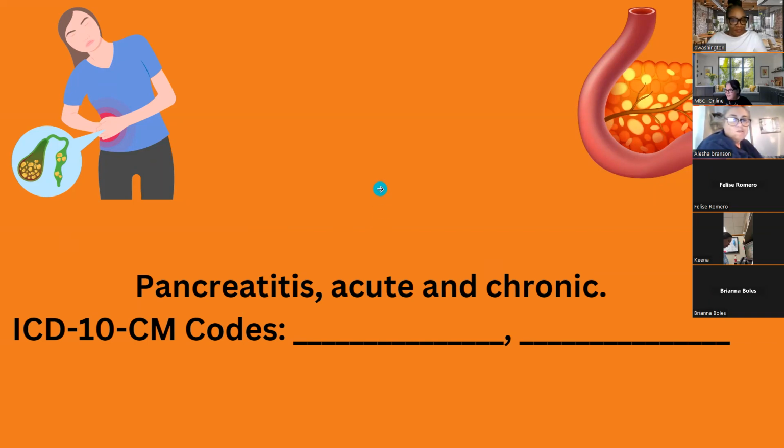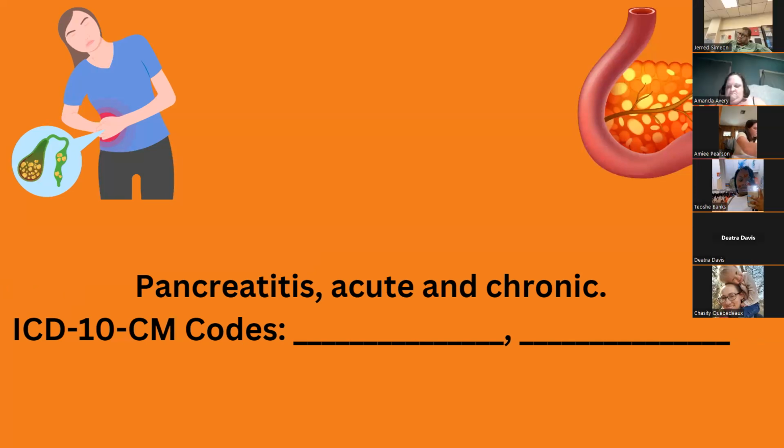All right, Miss Phyllis, let us know when you have that ICD-10 code. K85.90. Great. Can you go to the tabular and double check that code and let us know if it's right or not, okay? Amy, let me know when you have yours.